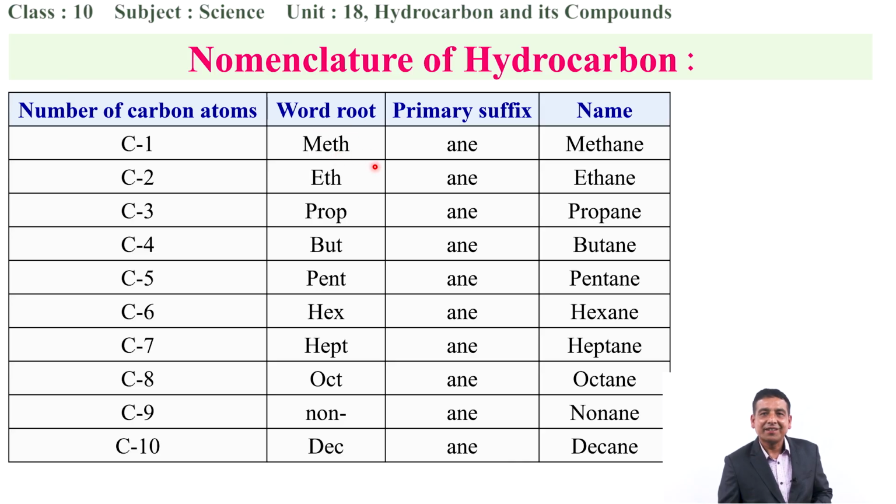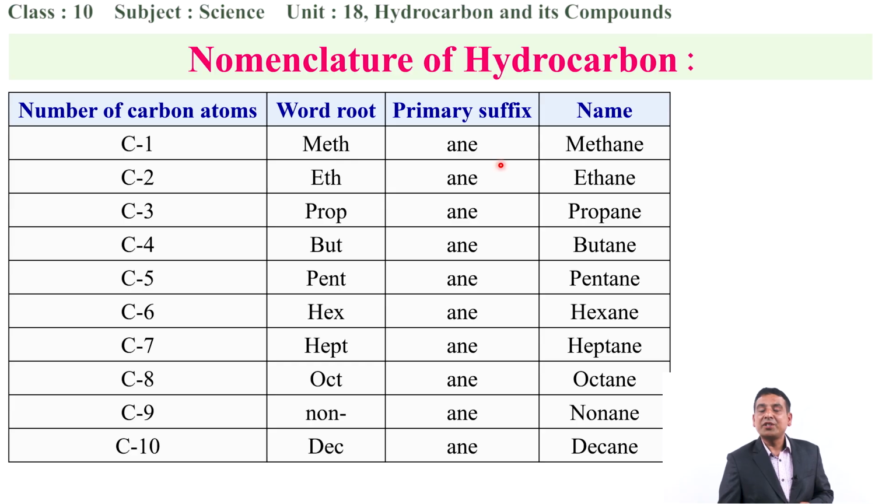What is it? Yes, good. This is meth. As well as if there are two carbon atoms, what is the word root to be used? To write the IUPAC name of the hydrocarbon, the word root to be used is eth for two carbon atoms, as well as prop for 3, but for 4, pent for 5, hex for 6, and so on.